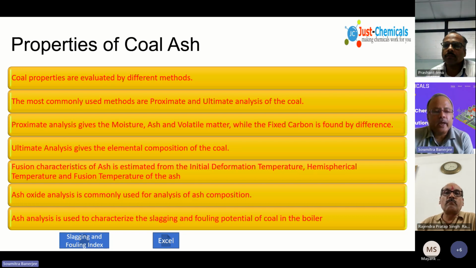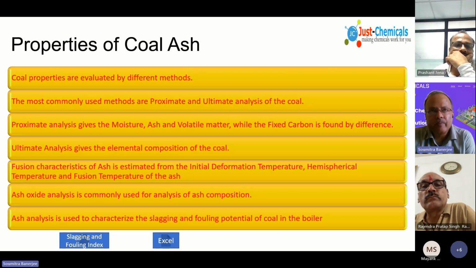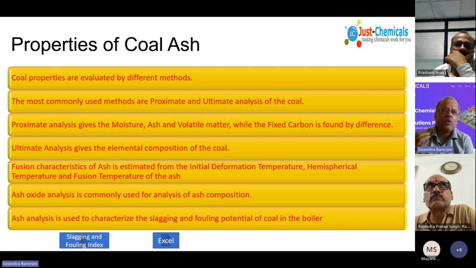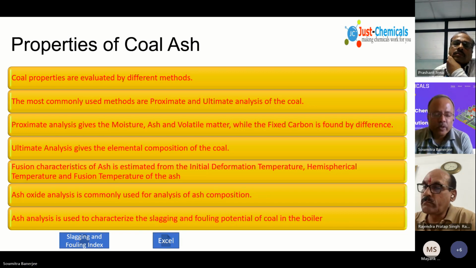And ash oxide analysis is commonly used for analysis of ash composition. Calcium, magnesium, titanium in ash have importance, as well as alumina in ash, which is very important. Alumina in ash will cause more of your erosive behavior on the ash handling unit.